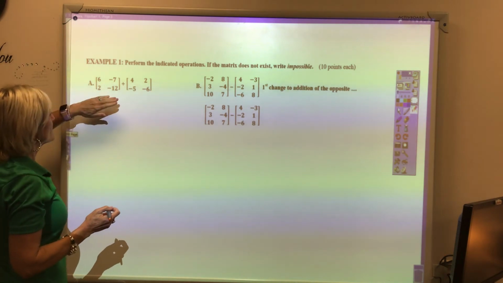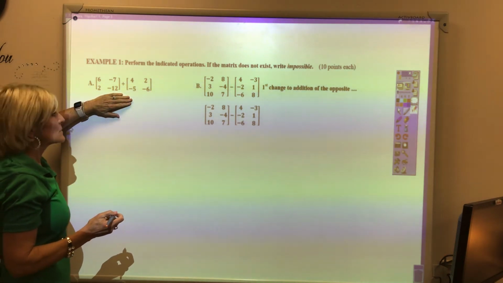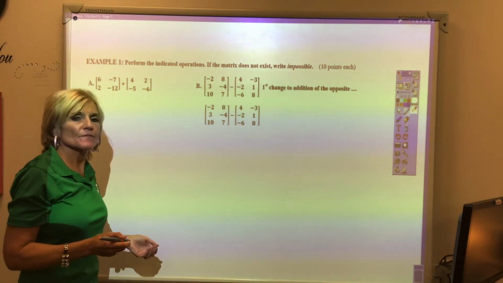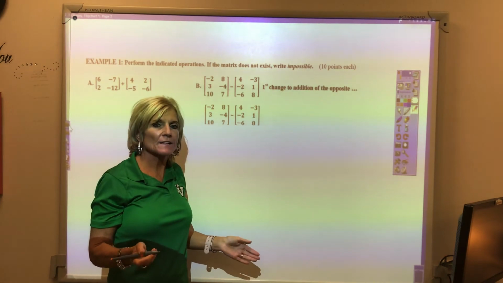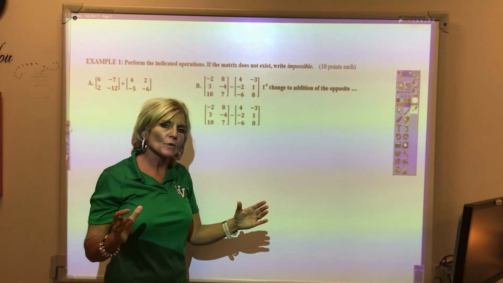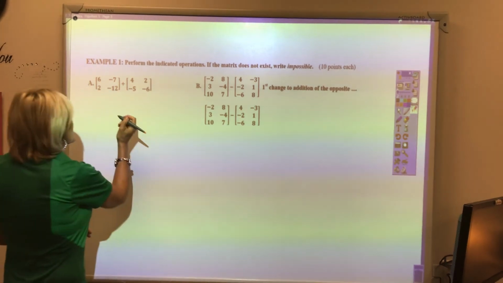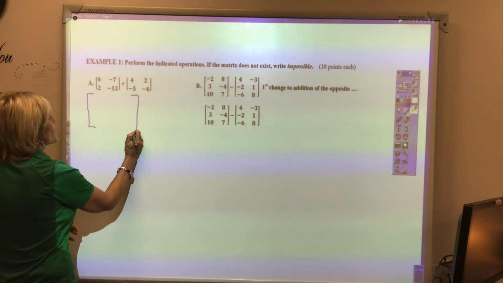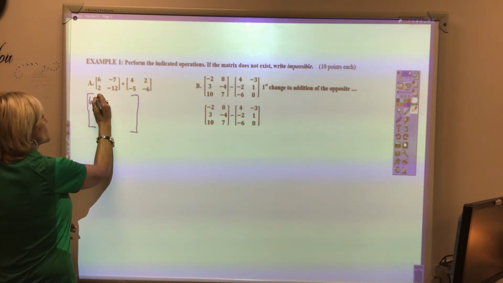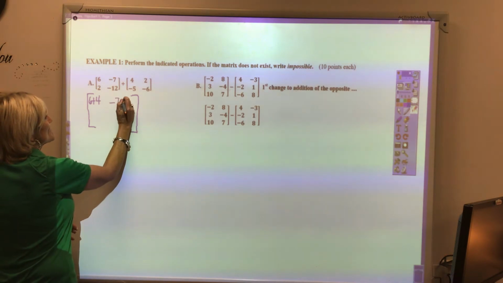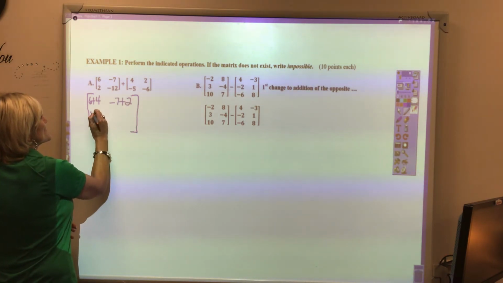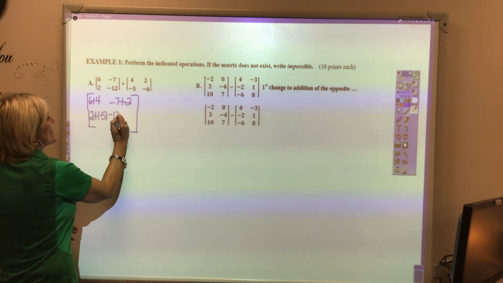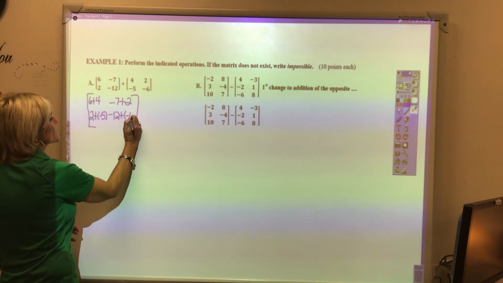We're going to add these two matrices together. So here's what the work would look like. And you can do these mentally. If you can do them in your head, that's just fine. But I'm going to show you the full steps involved. So I'm going to make kind of a big matrix. And in here I'm going to put 6 plus 4, negative 7 plus 2, 2 plus negative 5, and negative 12 plus negative 6.